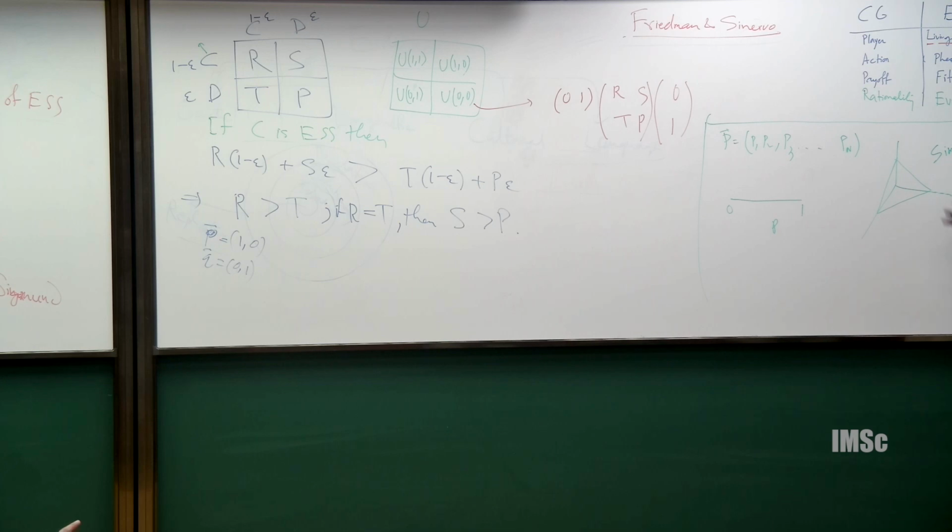The triangle is for three strategies, P1, P2, P3. So what is a simplex again? A simplex is a set of points such that the coordinates of the points have values between 0 and 1, and the sum of all the coordinates is equal to 1.